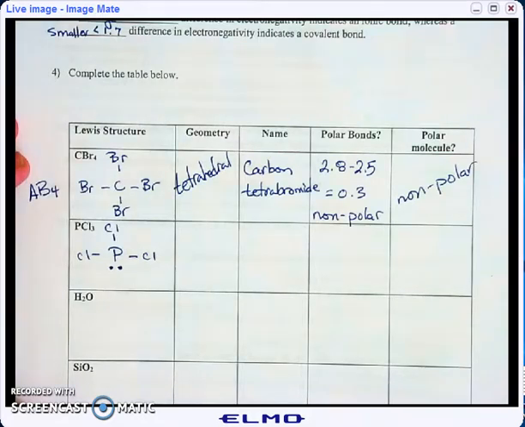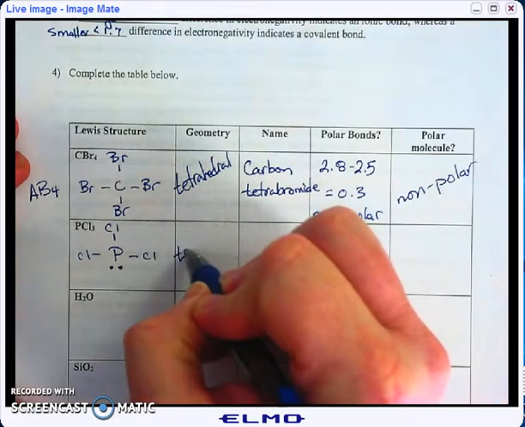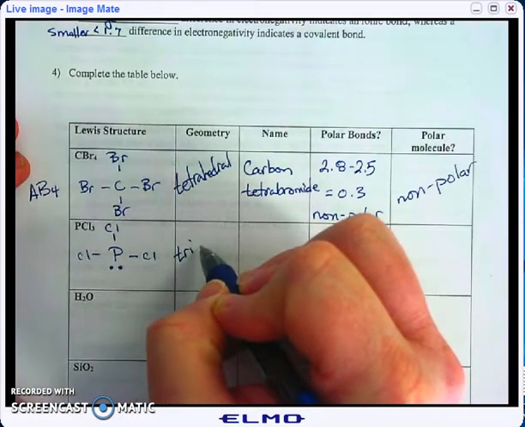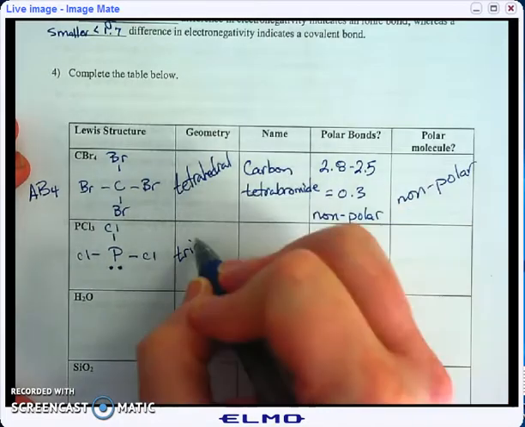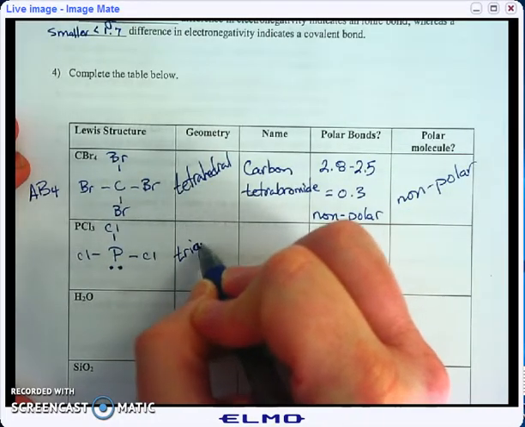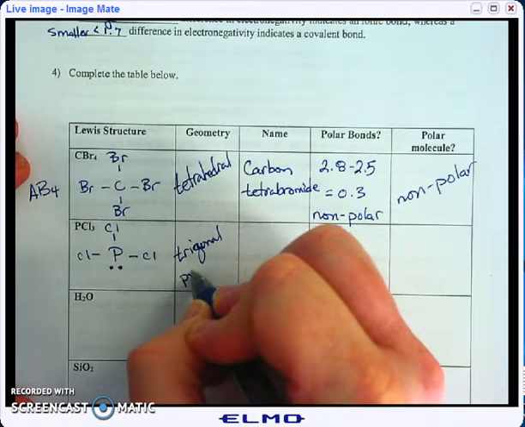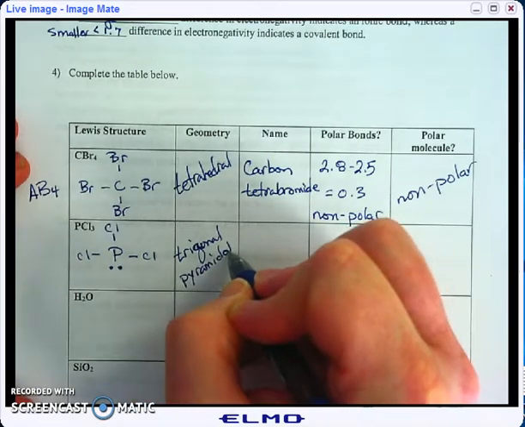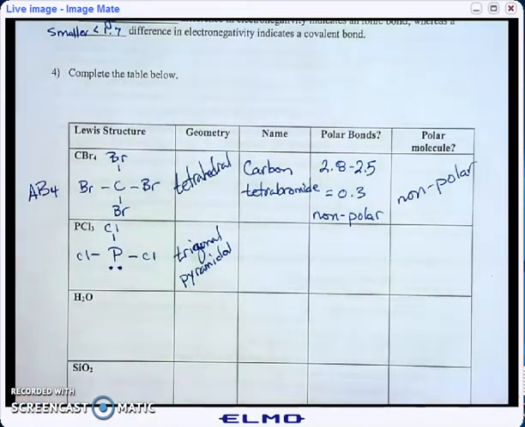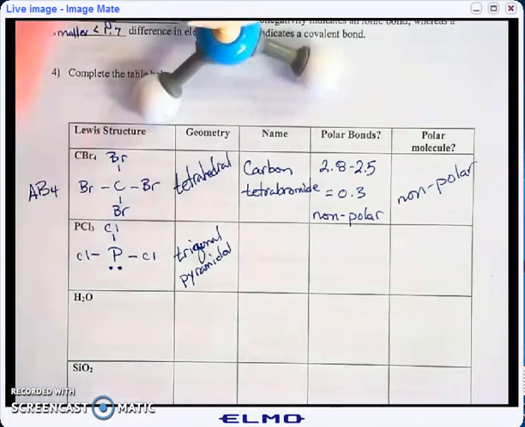Okay, this is the one that I saw when I was grading. Trigonal pyramidal. When I was going through the labs, a lot of you are writing trigonal planar. It's pyramidal, yes.